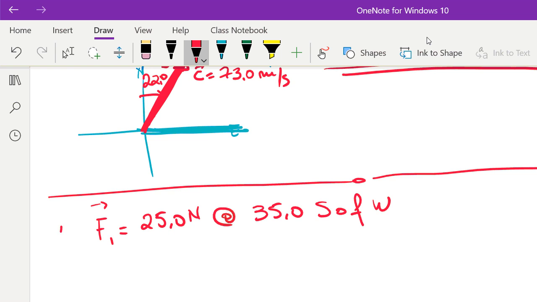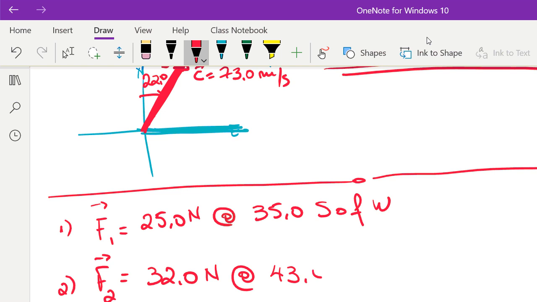So this is one. Number two is F2, 32 newtons at 43 degrees west of north.